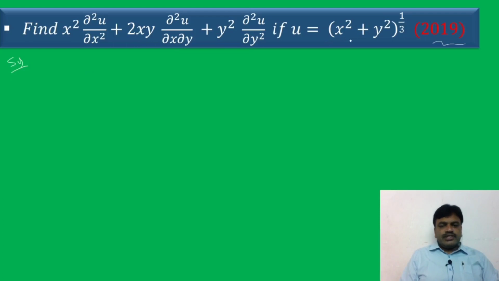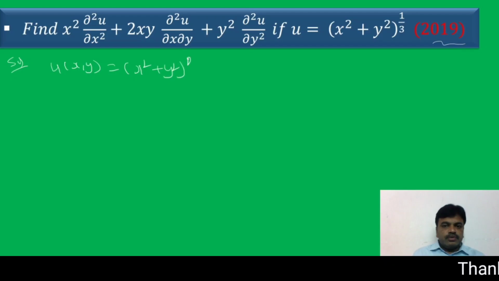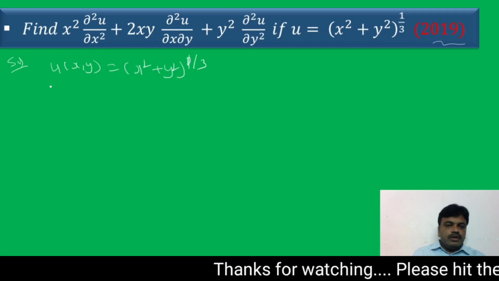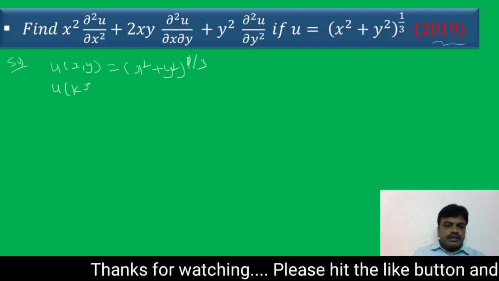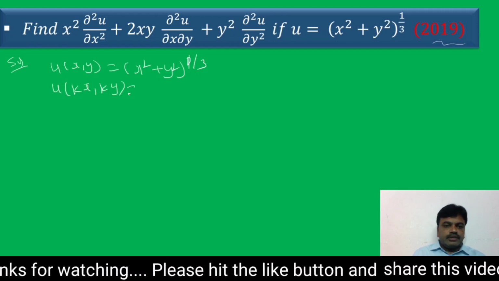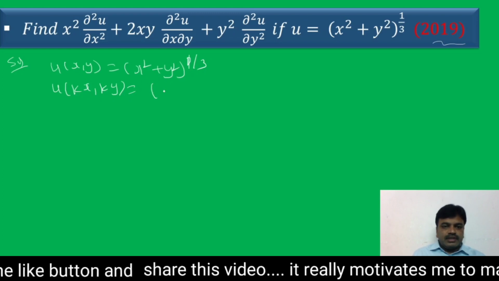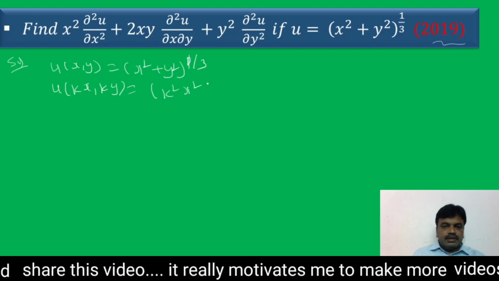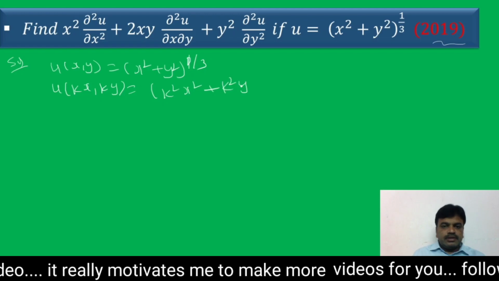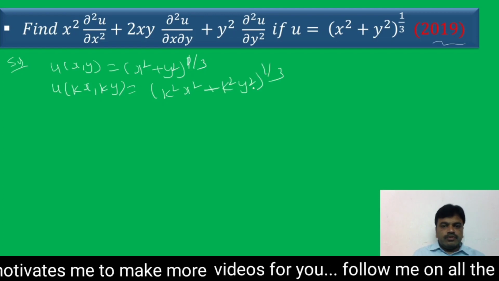Okay, first of all we check here also whether the given function is homogeneous or not. So u of x, y is equal to (x² plus y²) whole power 1 by 3 friends. Now check here u of kx, ky, that is equal to, you simply write kx in place of x, so that you get here k²x², here also k²y², whole power 1 by 3.